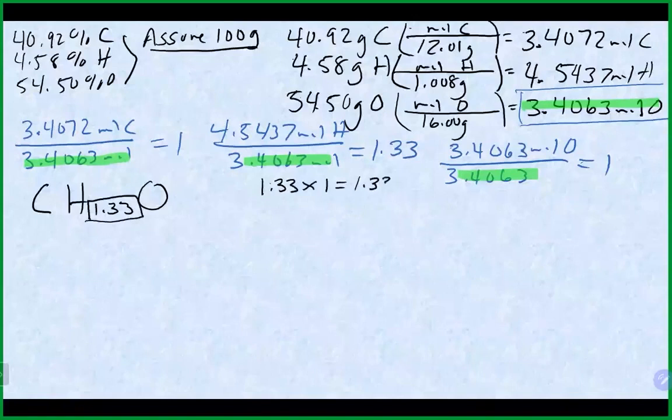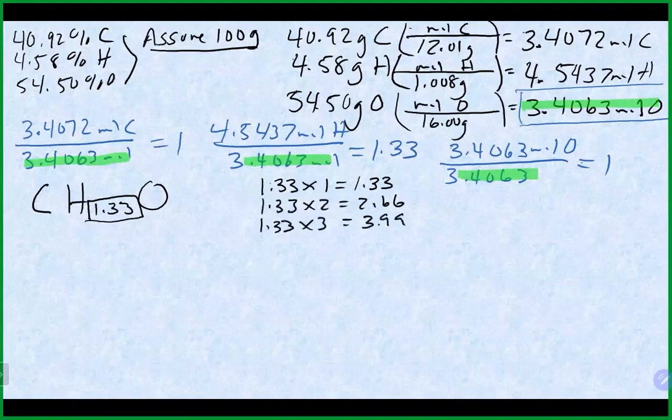If we multiply it by 1, we get 1.33. Times 2 is 2.66. Times 3 is 3.99, which is pretty close to 4. So in this case, we multiply everybody not by 4, but by the factor of 3. We want to multiply everybody in that formula by 3.